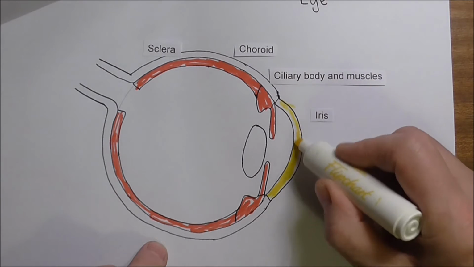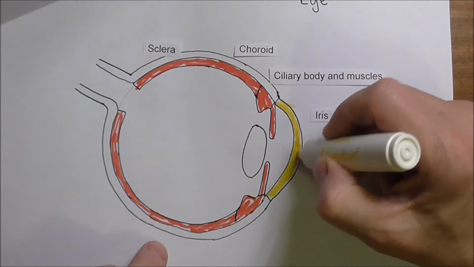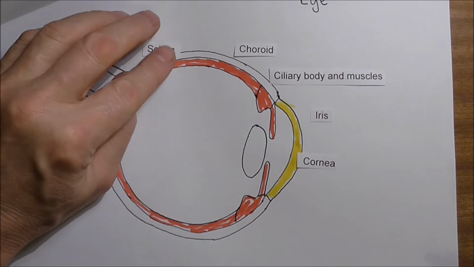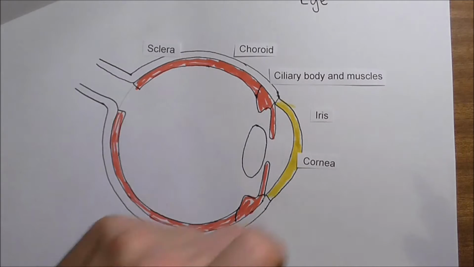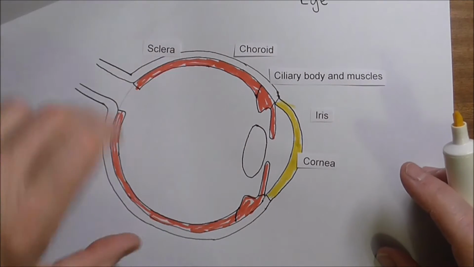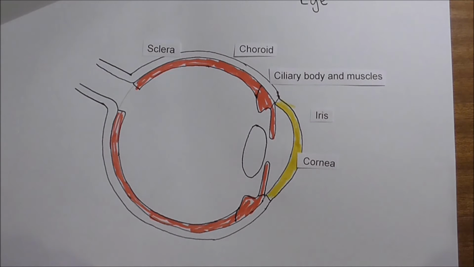So this front bit is the cornea. That's the cornea there, the front bit. So the cornea is the anterior part of the fibrous layer. The sclera is this big bit at the back, and the cornea is the bit at the front.